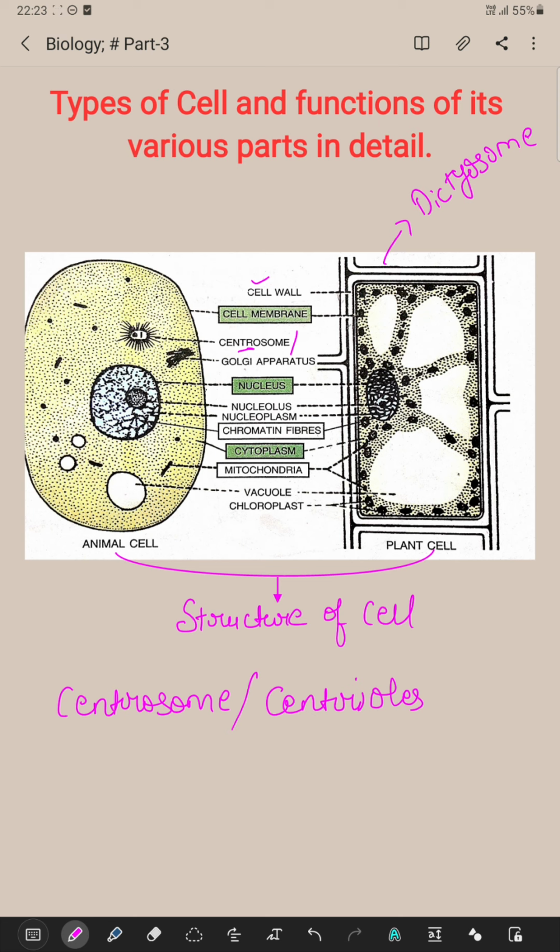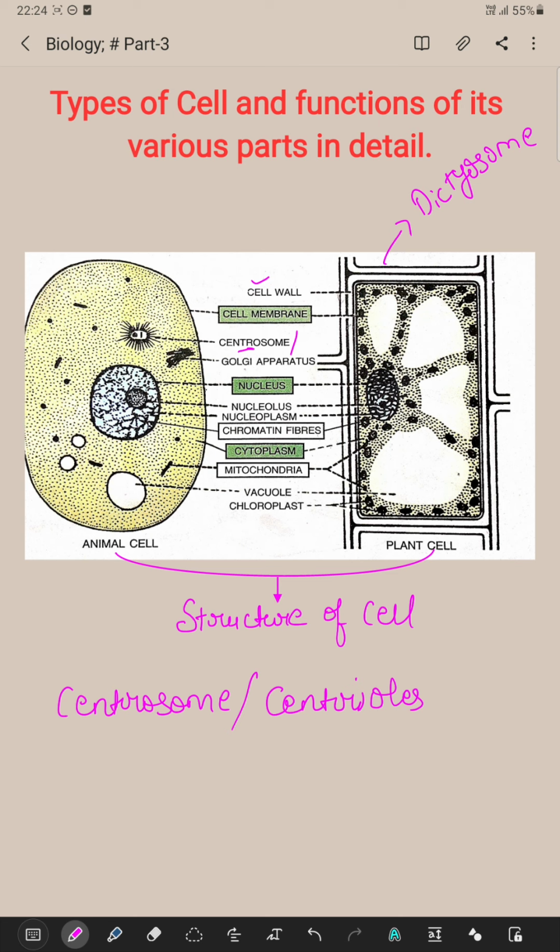Then let's start with the nucleolus. This is present in the nucleus only. We will discuss the nucleus in a detailed manner in my video, but in this video I will not discuss it in a very detailed manner because I will create one video only for the nucleus. So stay tuned with my channel.